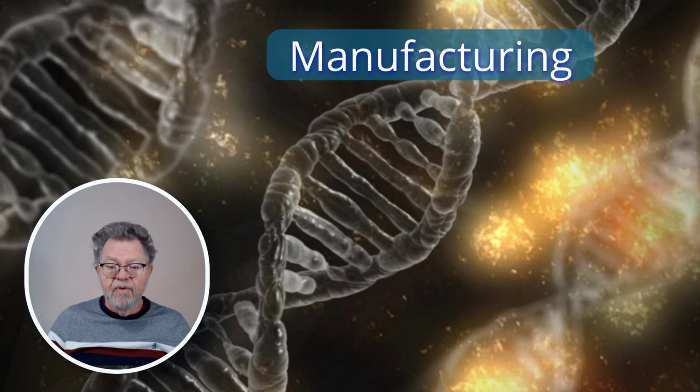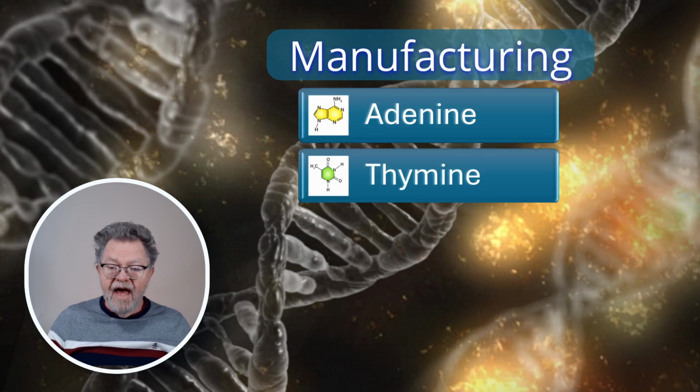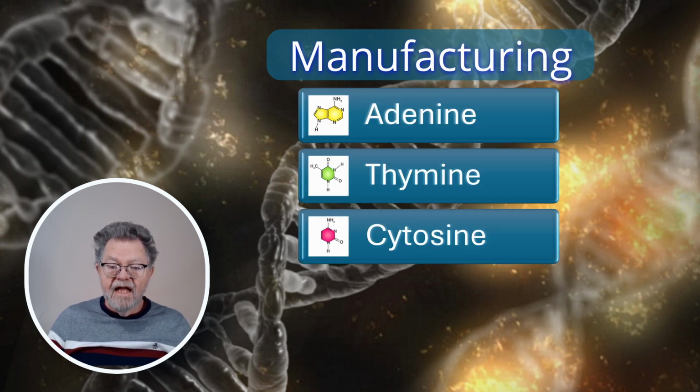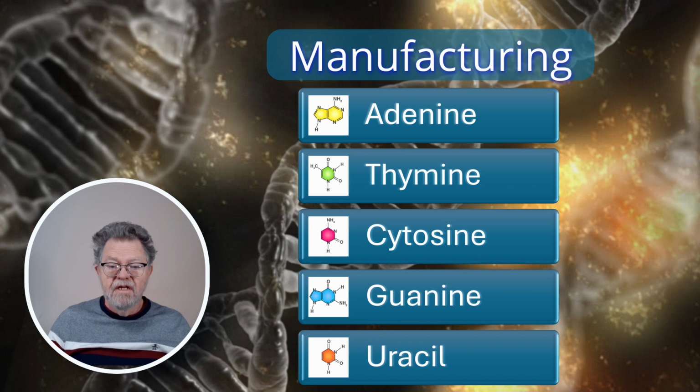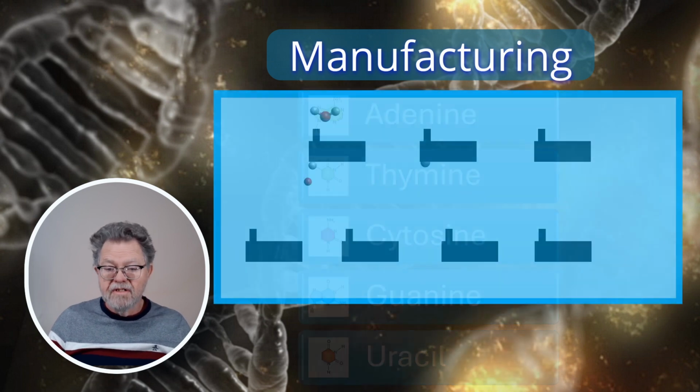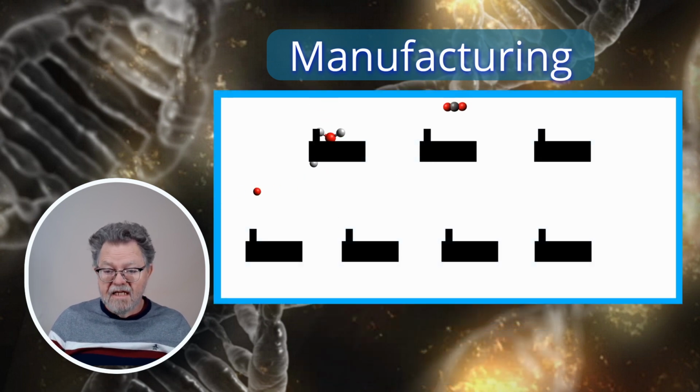For DNA, we need adenine, thymine, cytosine, and guanine, and the sugar phosphate backbone. RNA also requires uracil. So, how are they manufactured? According to ChatGPT, through, quote, a series of enzymic reactions.